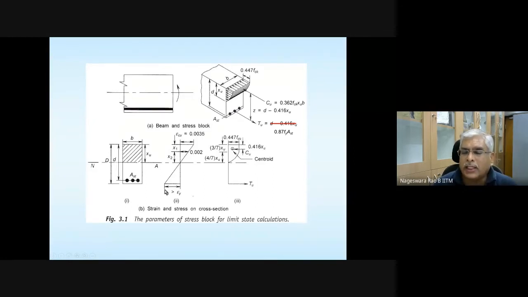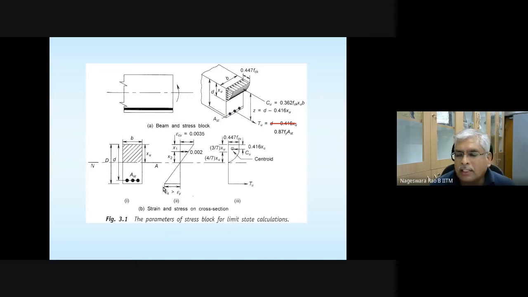The other assumption is maximum strain in tension reinforcement shall not be less than, some value is given, 0.87 Fy divided by Es plus 0.002.